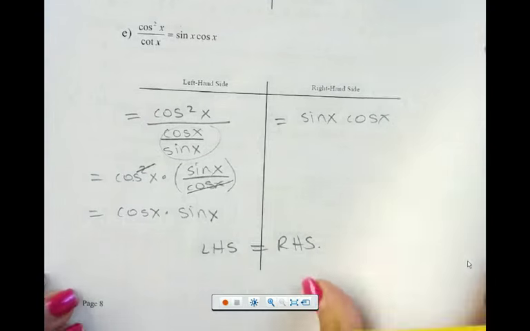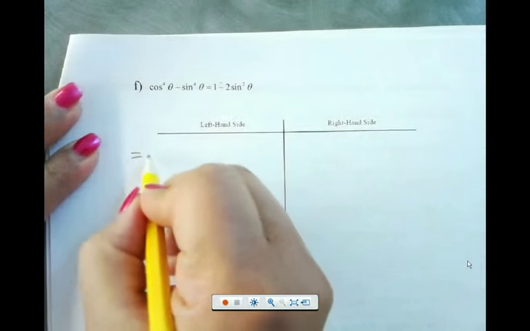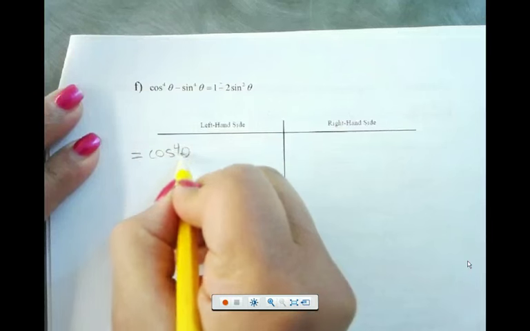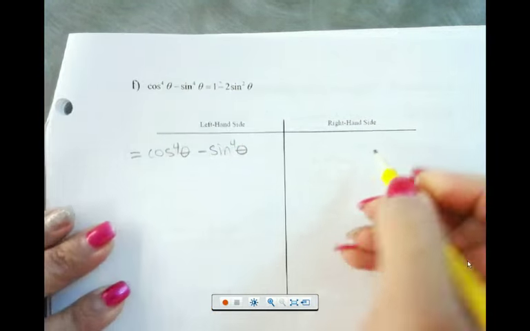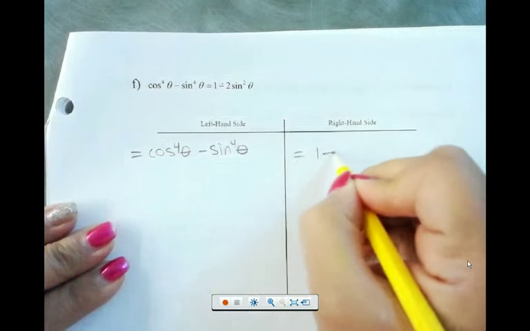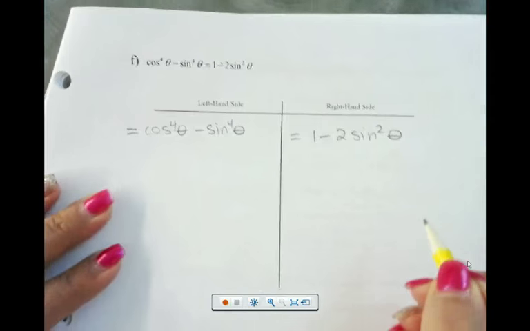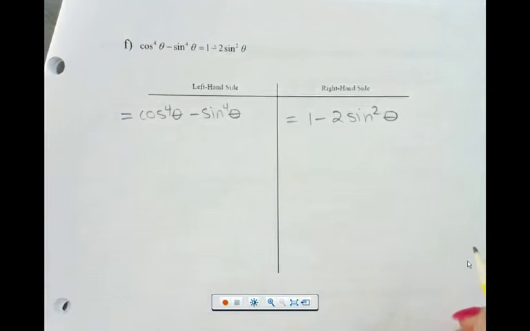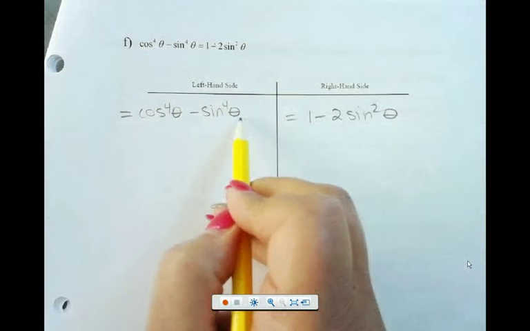Okay, now let's look at this one here. The left-hand side is cos 4 theta minus sine 4 theta, and this is 1 minus 2 sine squared theta. Work on the side that looks more complicated, and I would say this looks more complicated.